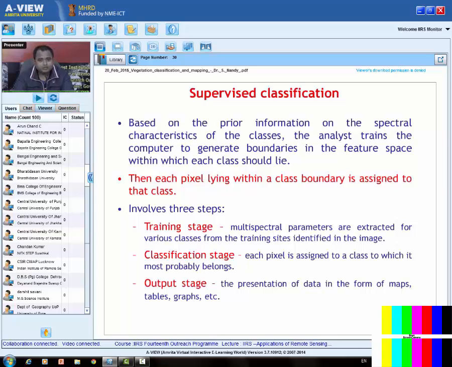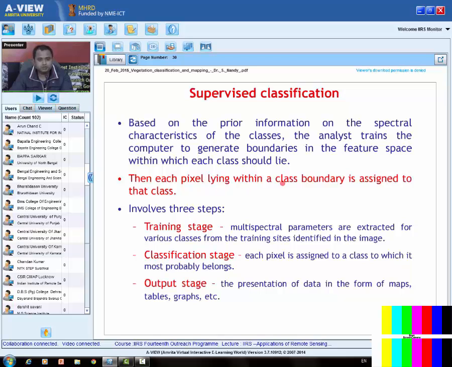Supervised classification is based on prior information about the spectral characteristics of the classes, where a person trains the computer to generate boundaries in the feature space. So you generate training sites. Go to the field and take training sites of different classes. It involves three stages: training stage, classification stage, and output stage.